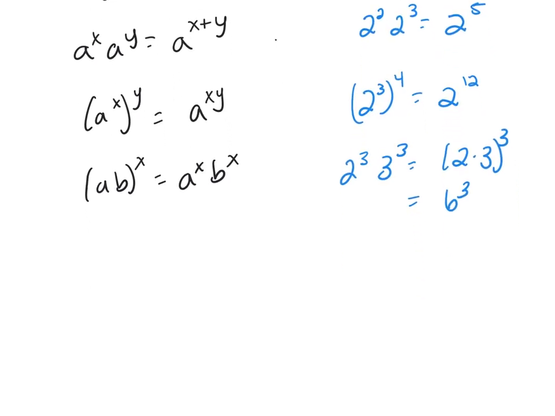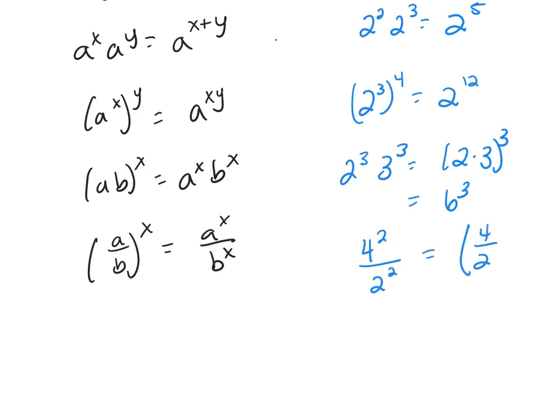You have a similar rule for division. So if I have a over b to the power x, it's the same thing as a to the x over b to the x. So an example here would be if I have 4 squared over 2 squared, the exponents are the same, so you can push them together into a single exponent, 2 squared, which is 4.